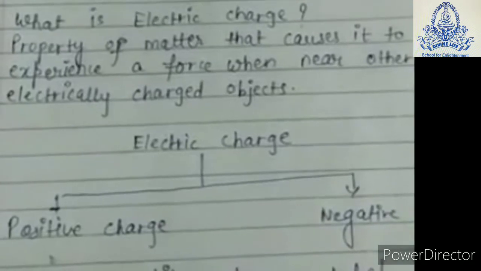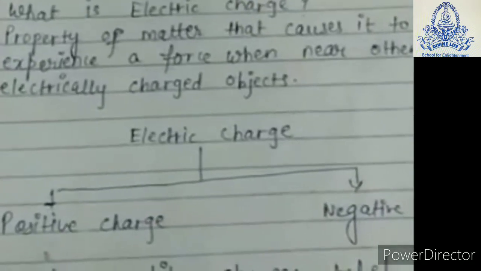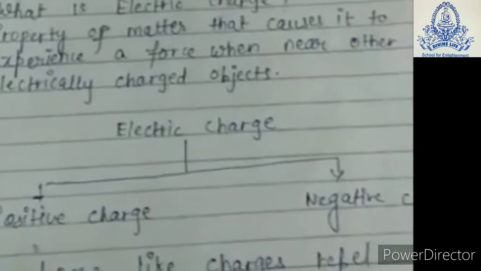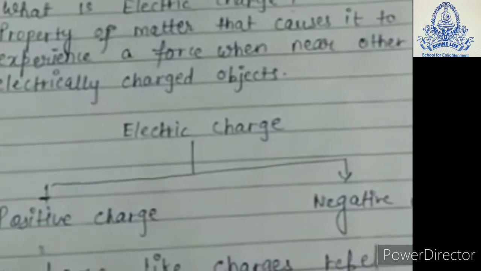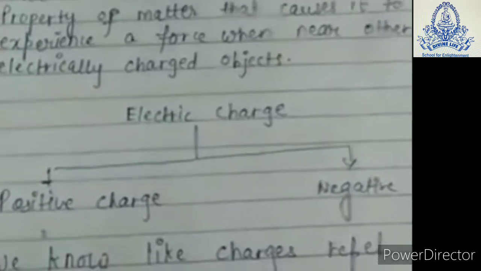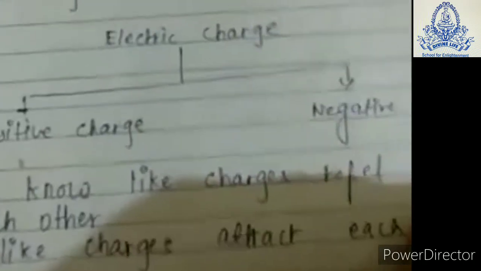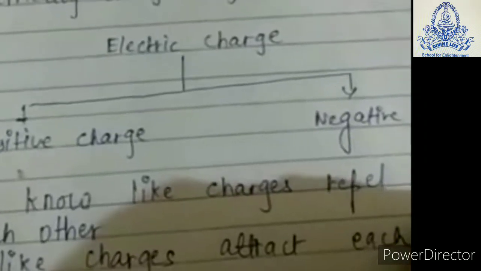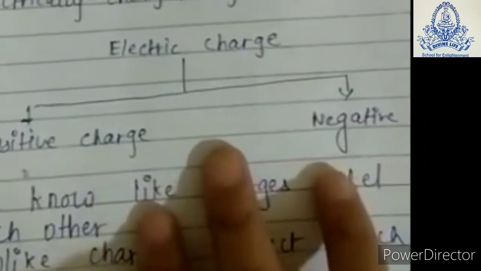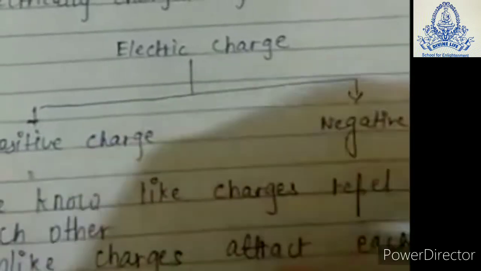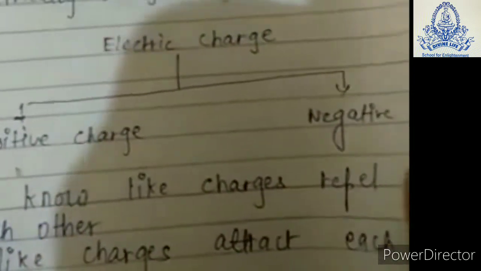We know that charge is the property of matter, right? And matter is made up of molecules. A molecule is made up of atoms, and an atom is made up of electrons, protons, and neutrons.